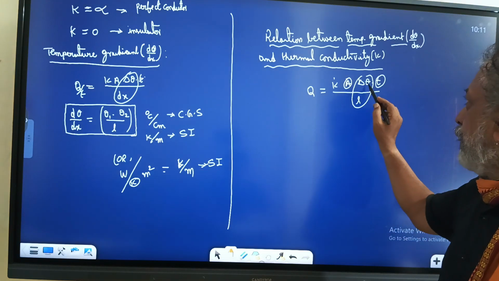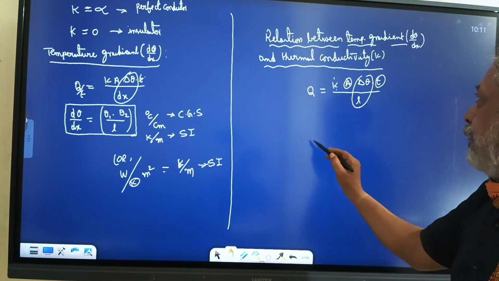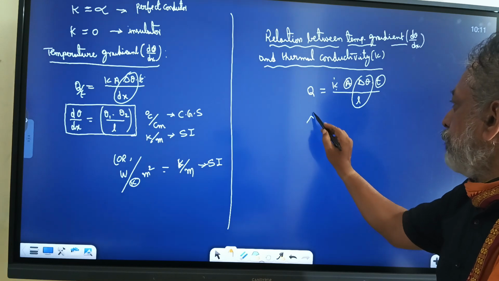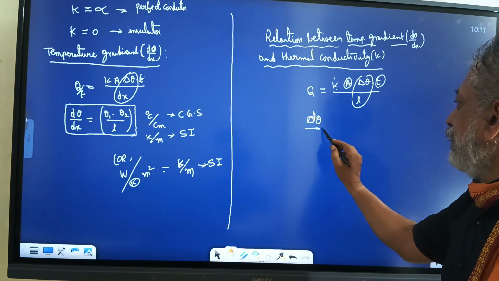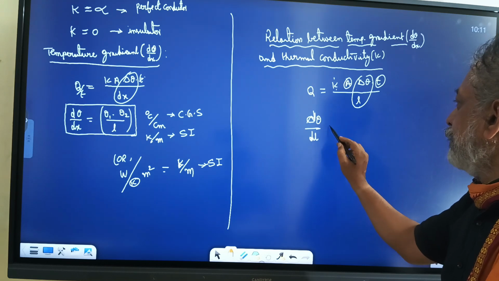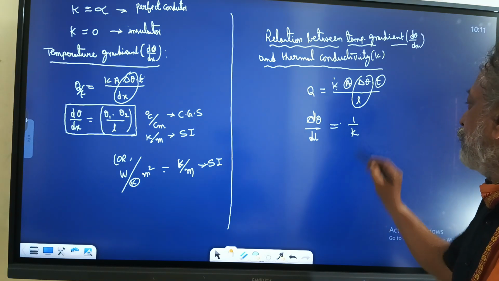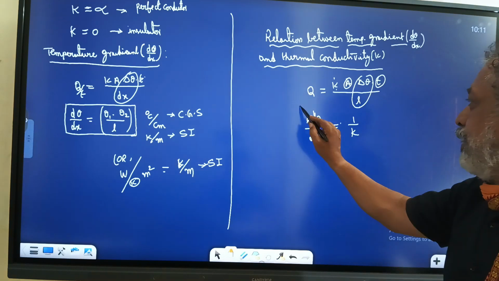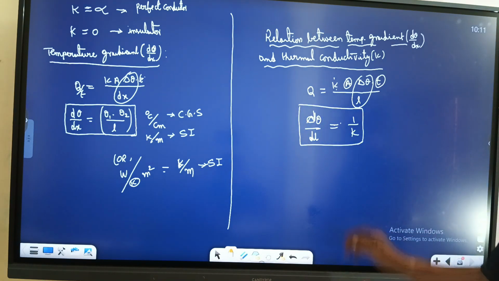Now what relation do we get? d theta by L into K is equal to constant. Then I can say d theta by dl or dx is equal to 1 by K. So this is the relation between temperature gradient and thermal conductivity.